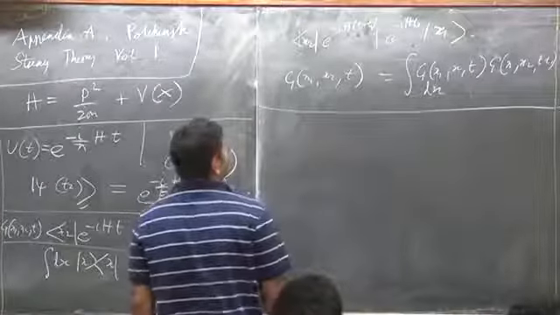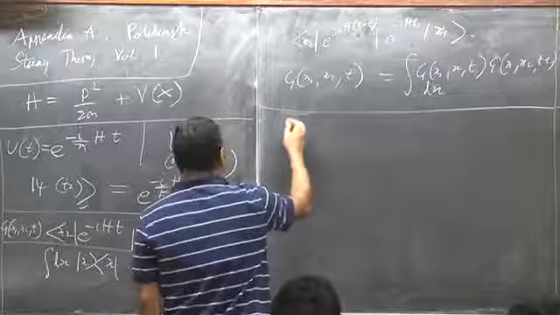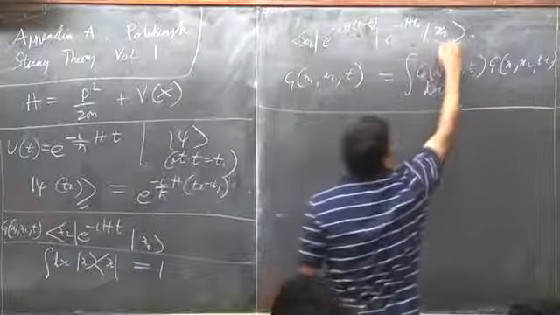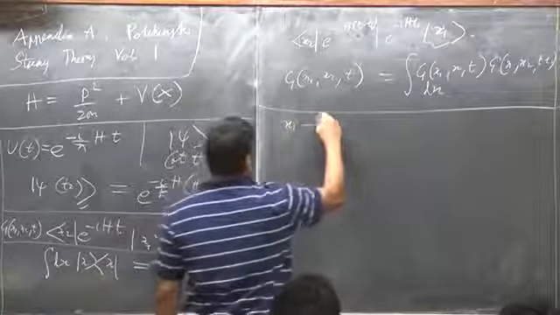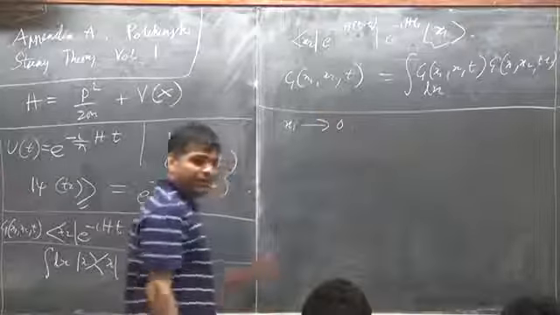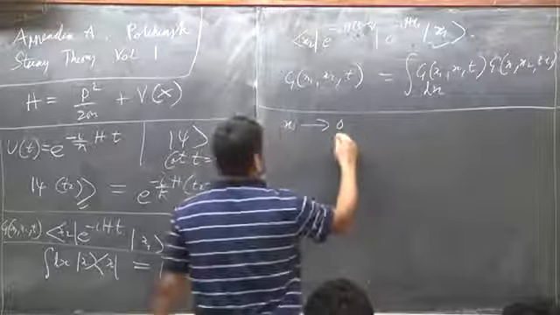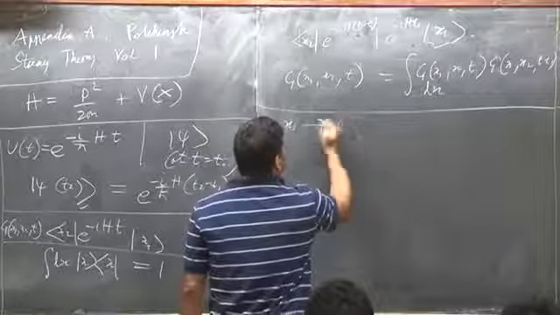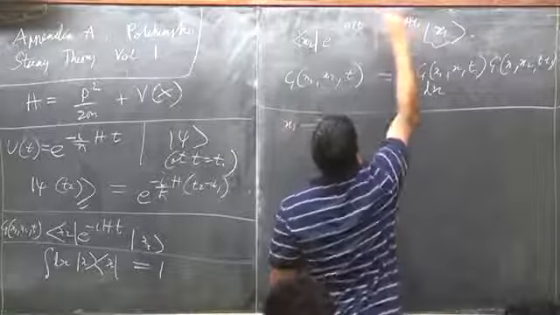Suppose we define various time steps. Let's say that for simplicity this is at time 0, so we have x1 at time 0. Now we break this up into many small time steps. Let's call the first time step, I should have called this T1 because it conflicts with my notation.